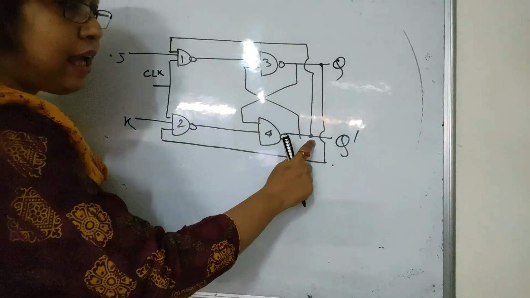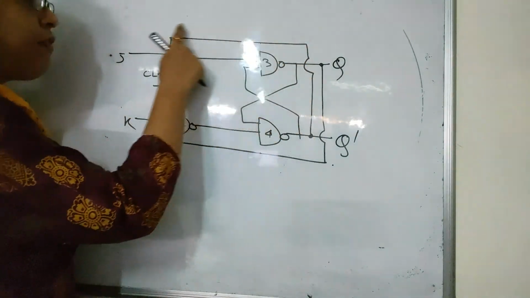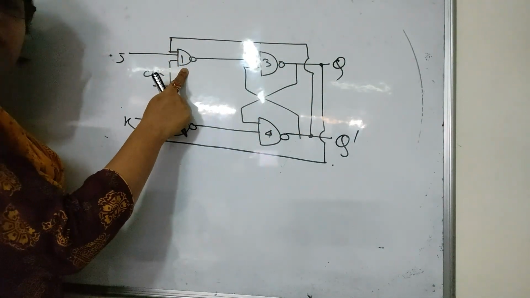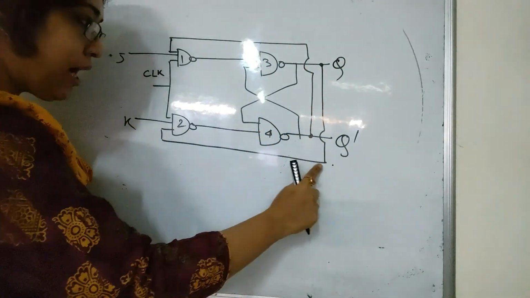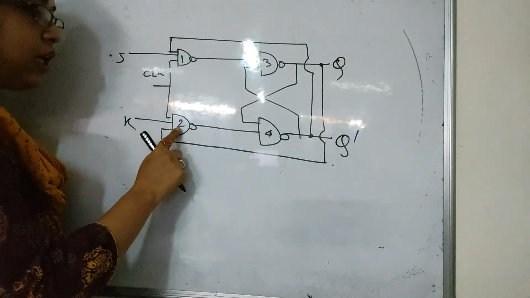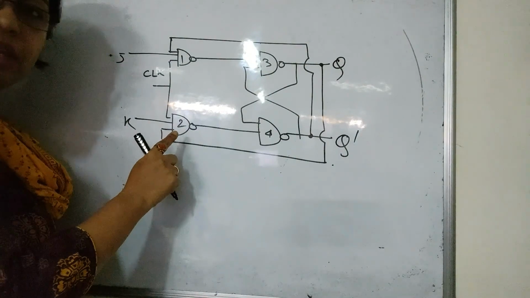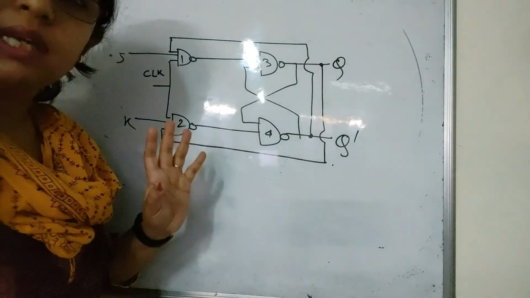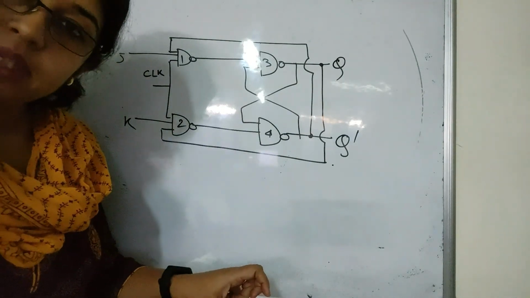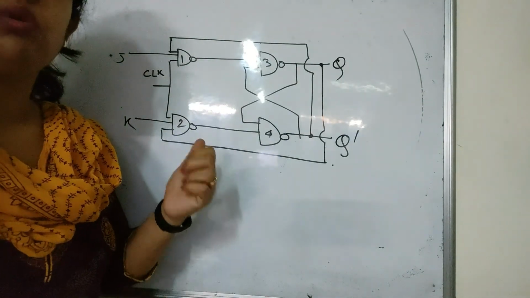The feedback line of Q dash is getting fed into the NAND gate having the input of J. Q is getting fed back into the NAND gate containing K as the input line. So this is the diagram of JK flip-flop using NAND gate, where the truth table remains absolutely the same as the previous one.